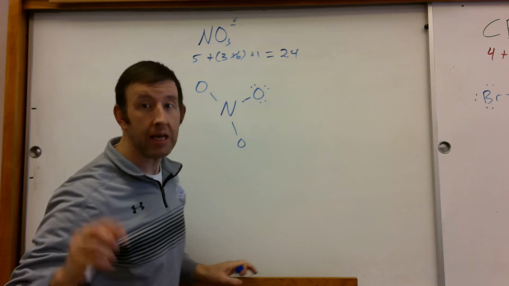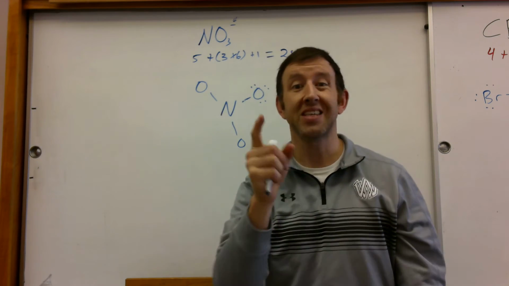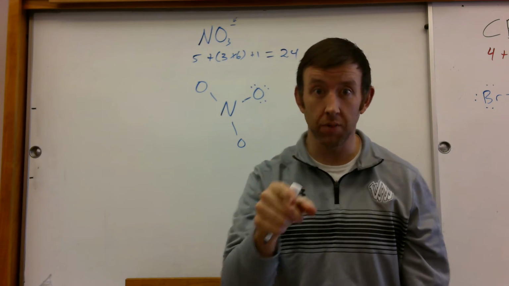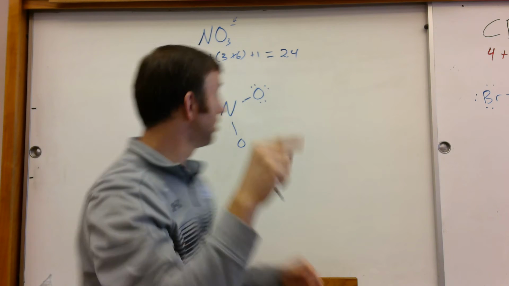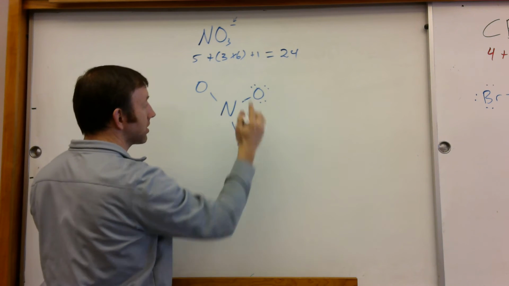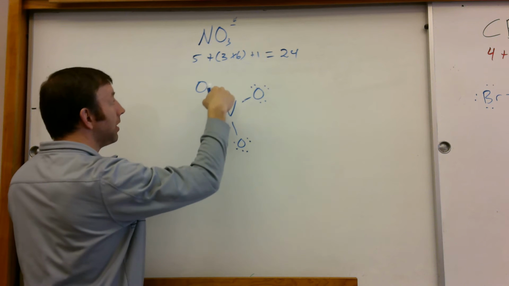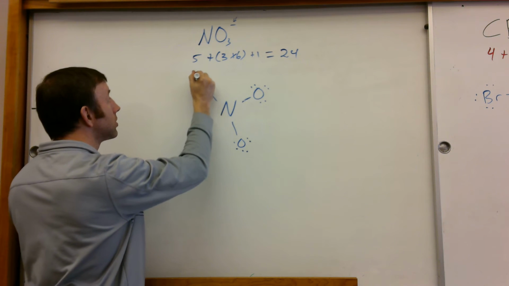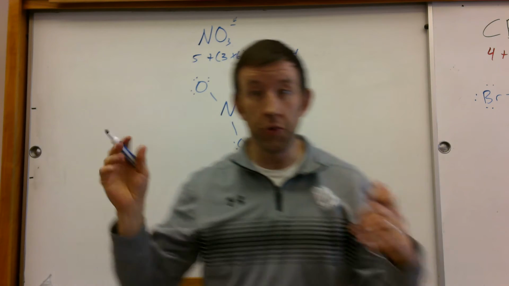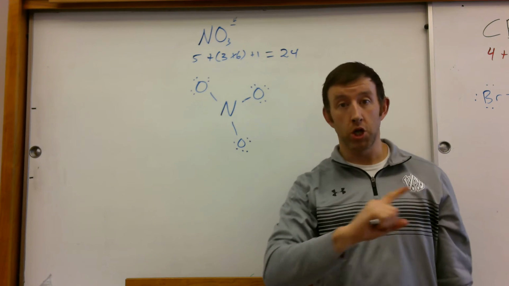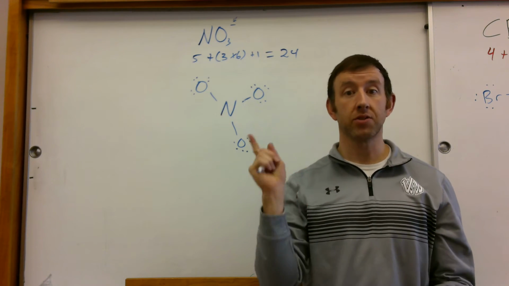I'm not going to put any dots on nitrogen unless I have to, unless there's nowhere else to put them. Remember that. All right? 2, 4, 6, 8, 10, 12, 14, 16, 18, 20, 22, 24. Do I need to put any dots on nitrogen? Nope. I don't have enough electrons to do so.